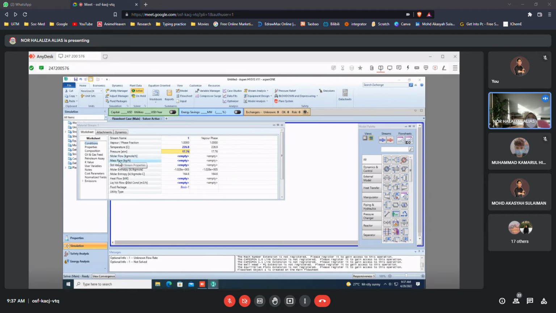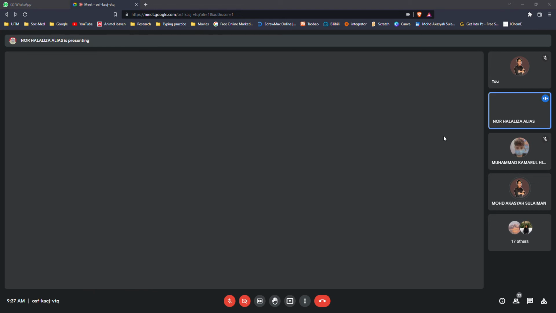Okay, let's look here. Molar enthalpy is here, this is molar entropy, molar enthalpy is negative 1.028. This is how you read it: negative 1.028 times 10 to the power of 5, positive 10 to the power of 5.